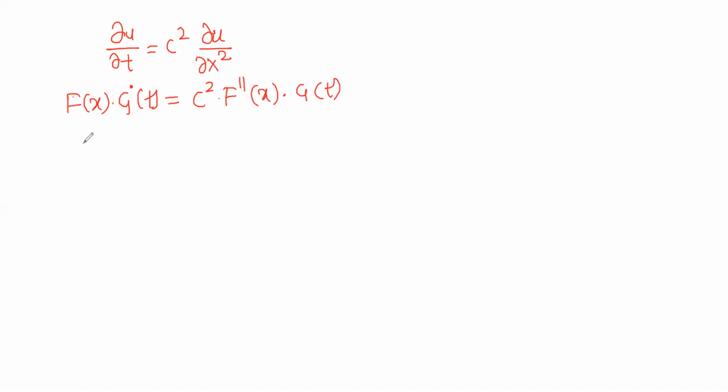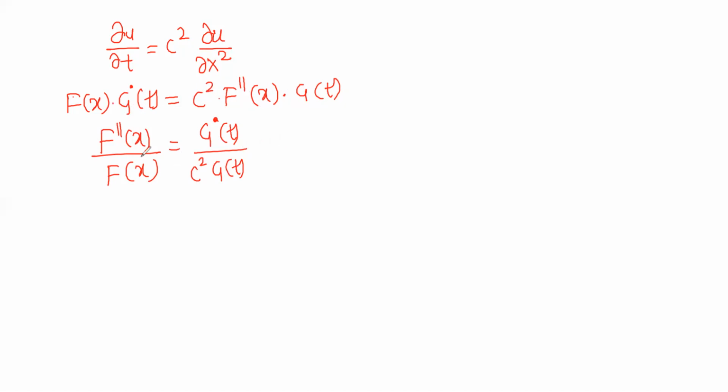So I'll be getting f double dash x upon f of x, and then g dot t upon c square g of t. Okay, this will be done. I'm just taking this to here and g dash t here.